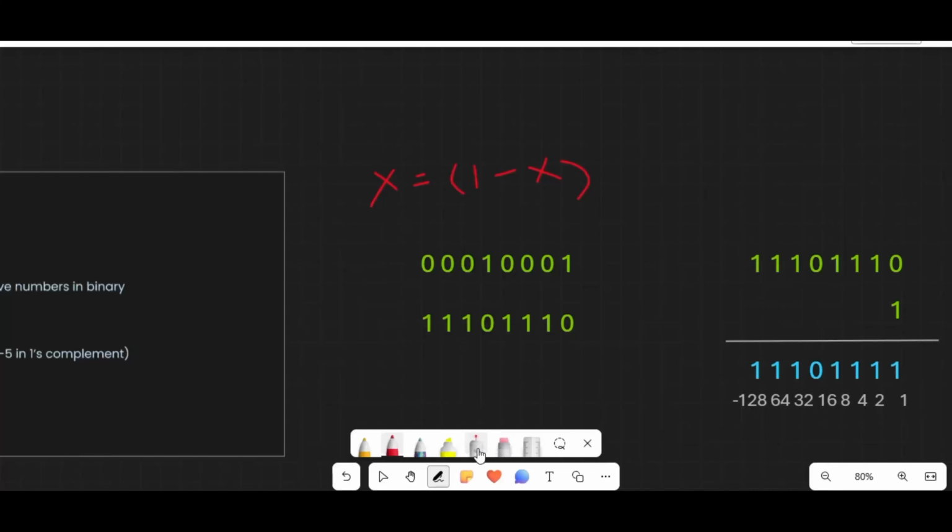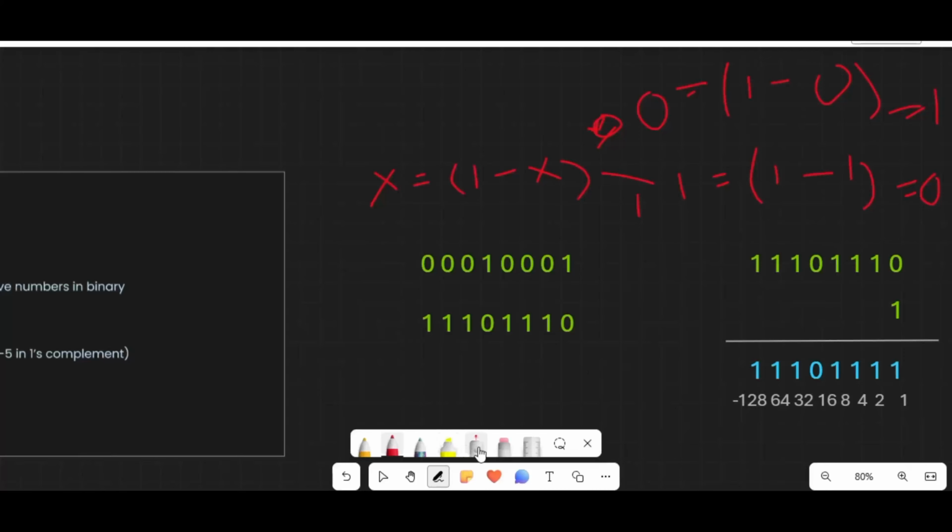Suppose we have two options. If we consider x equals 0 and x equals 1, then 0 becomes 1 minus 0, which is 1, and 1 becomes 1 minus 1, which is 0.